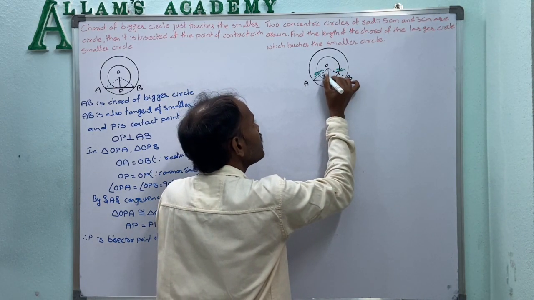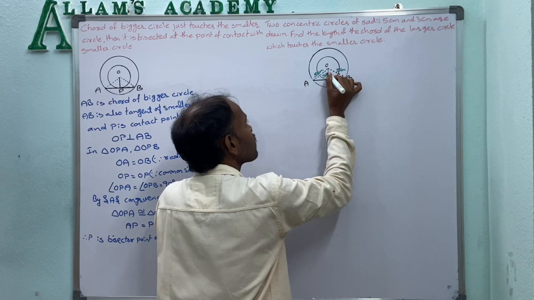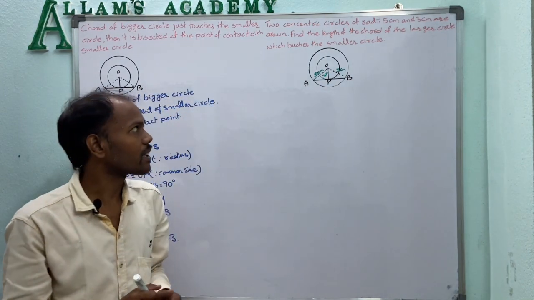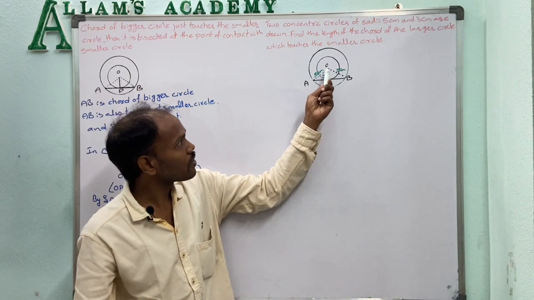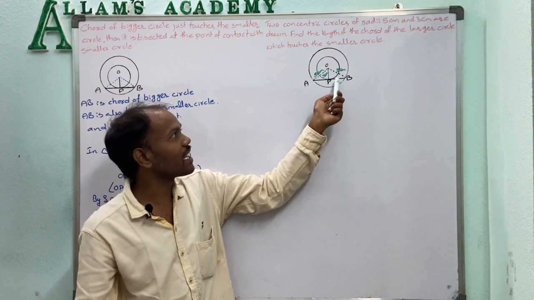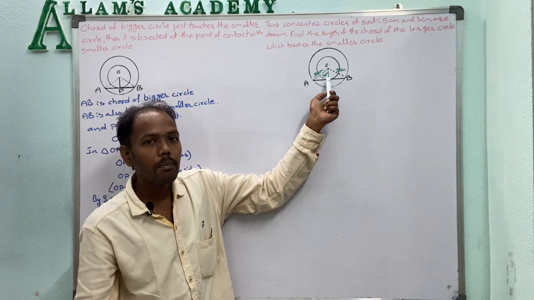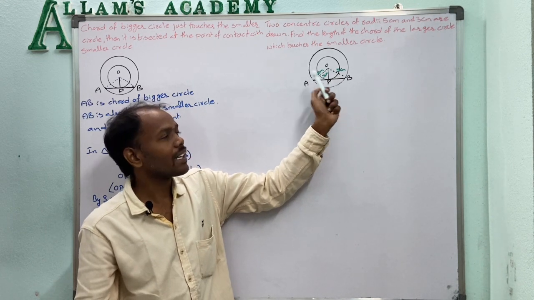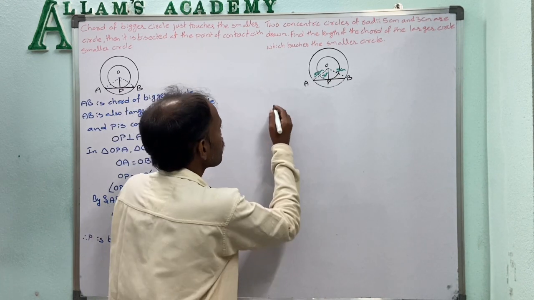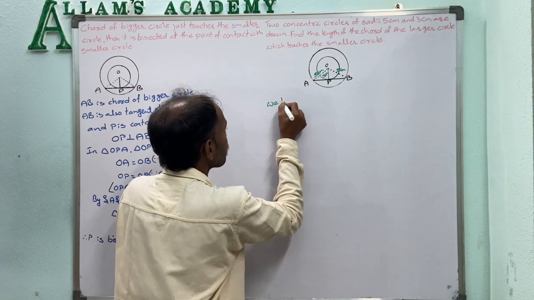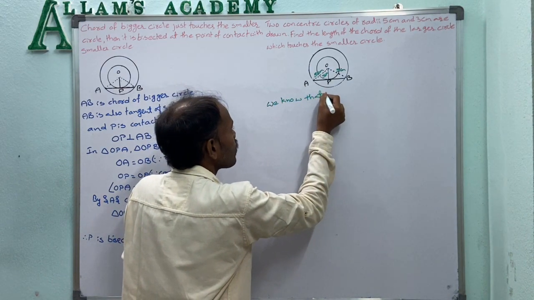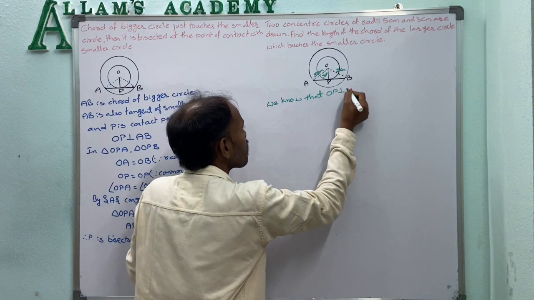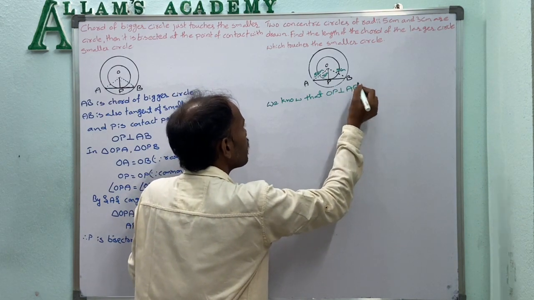OP is 3 centimeters. We already said that the radius drawn to the point of contact is perpendicular to the tangent, so OP is perpendicular to AB.